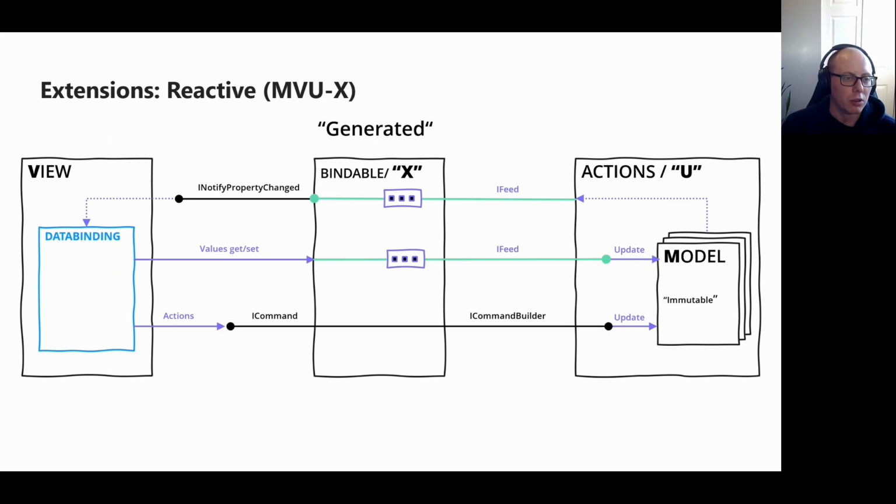So now we have reactive extensions provided by the Uno team, right? That will work within Uno applications. Basically what we've done is we've introduced this notion of a feed, right?